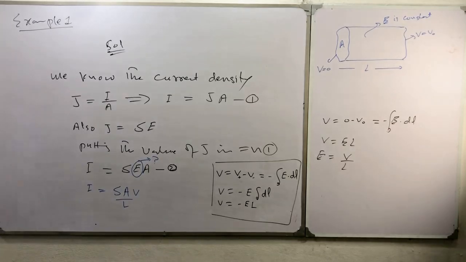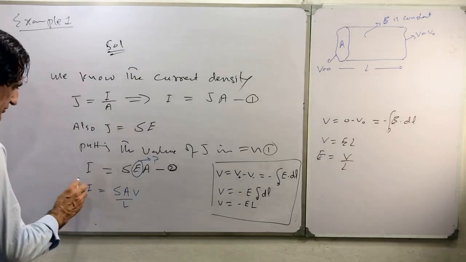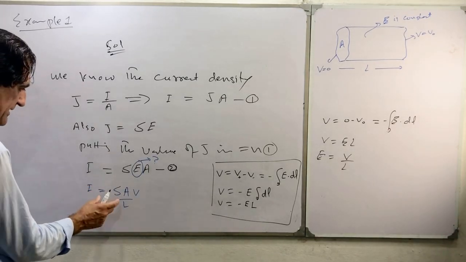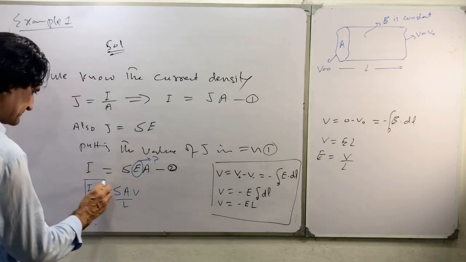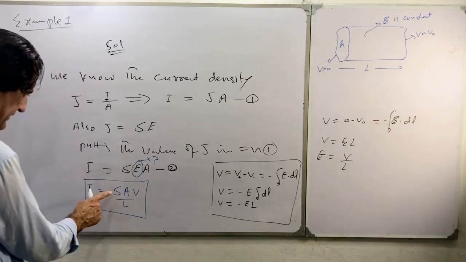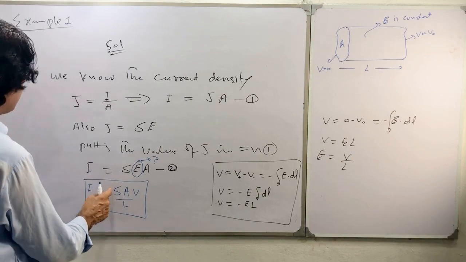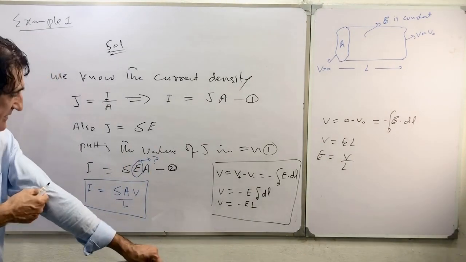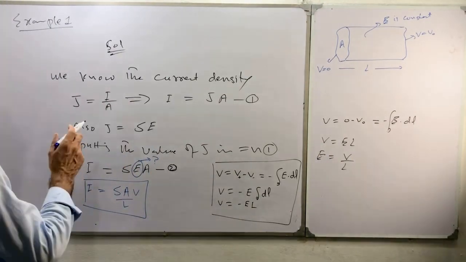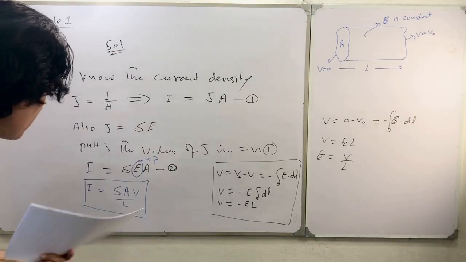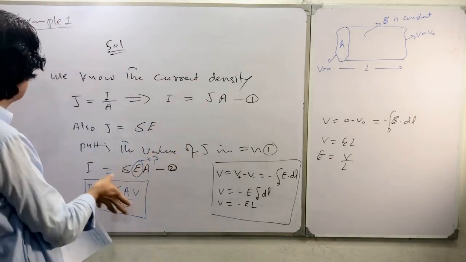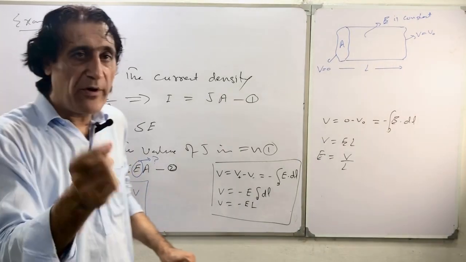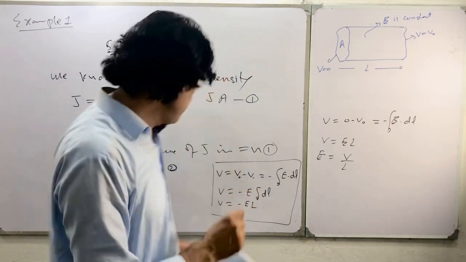So here we should note this equation. And here this sigma is the reciprocal of the resistivity. So from this example, this is the current, this is the required result that we have obtained.